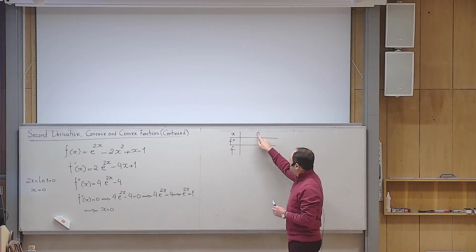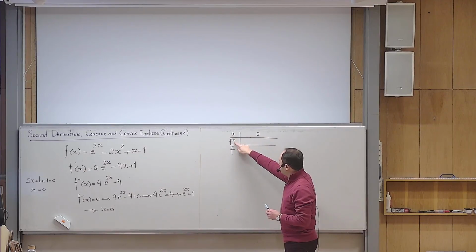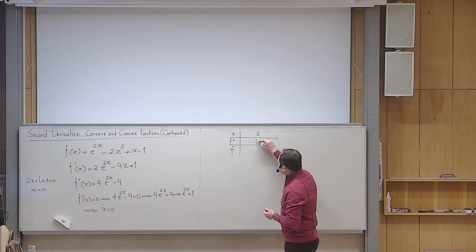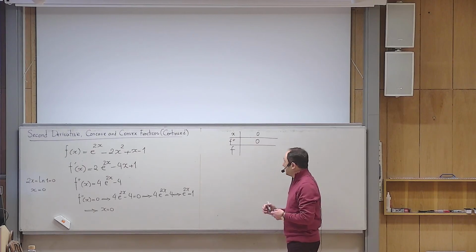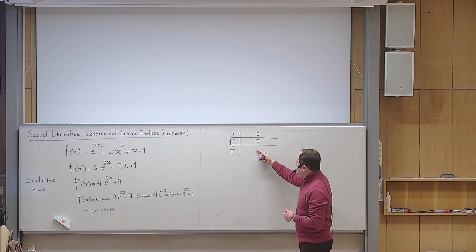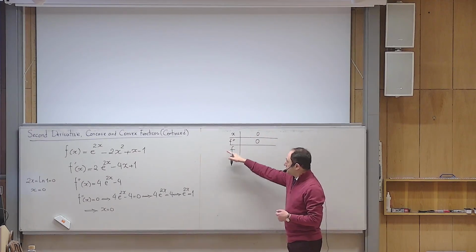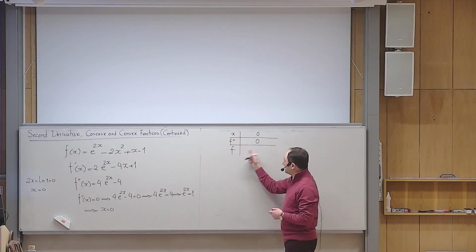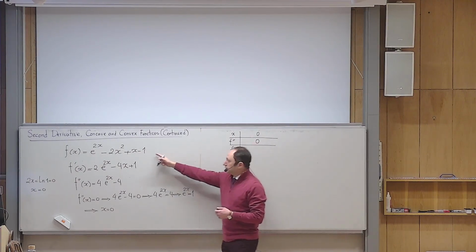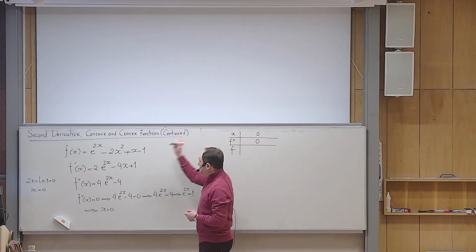Okay, it is clear that if I put 0 in the second derivative, the answer is 0, because I myself put the second derivative equal to 0 and I got this answer. But it is not clear what f is. I have to take this number and put it in the original function. You see, this is the f row. So whatever you want to get here, you have to use the original function. So I take 0 with me and put it here.